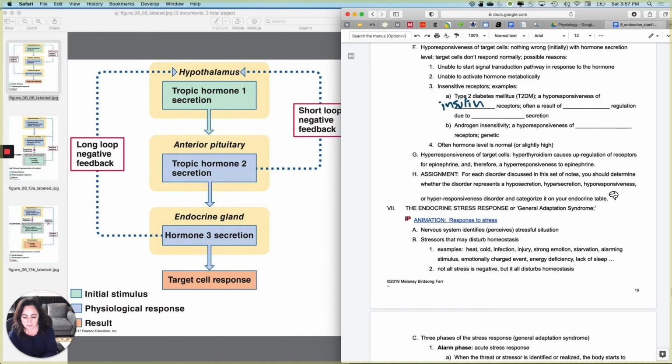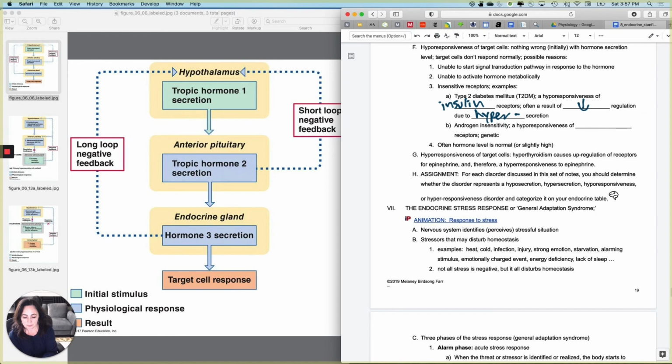It is often a result of downregulation due to a really long-term hypersecretion of insulin. So what happens in this story is you eat like crap, you don't exercise, and you are constantly taking in sugar, causing more and more insulin secretion.